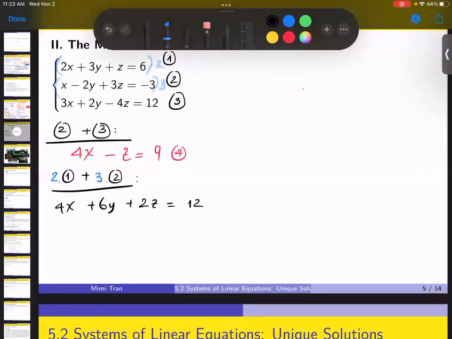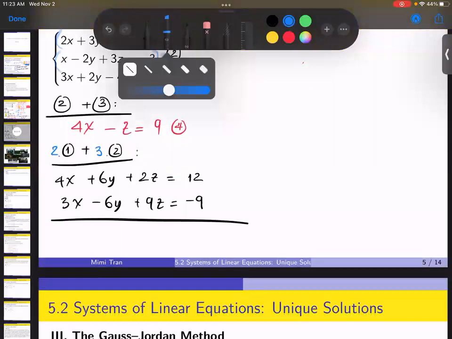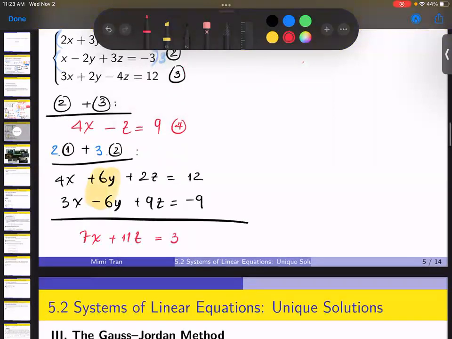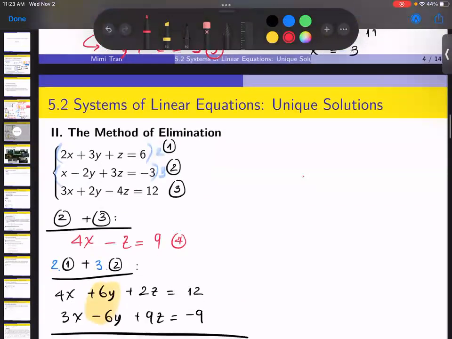And then 3x minus 6y plus 9z equal negative 9. Let's cancel. I have 7x plus 11z equal 3. Combine 4 and 5.